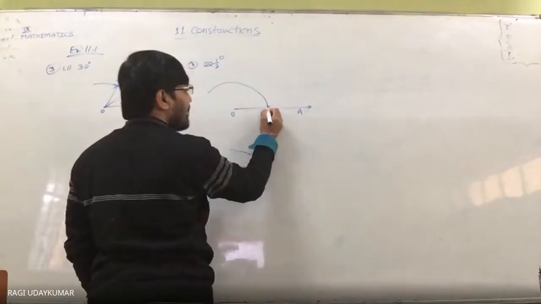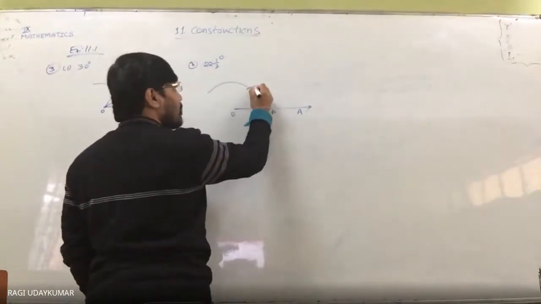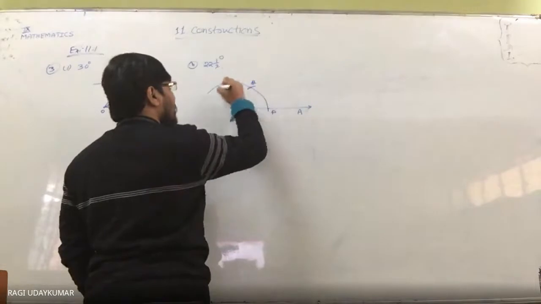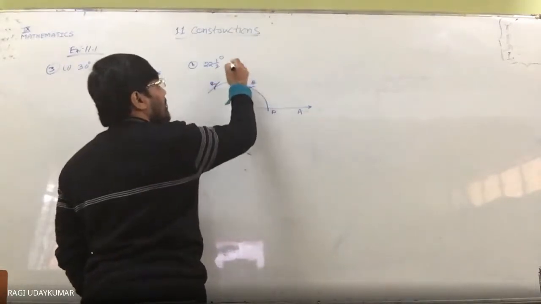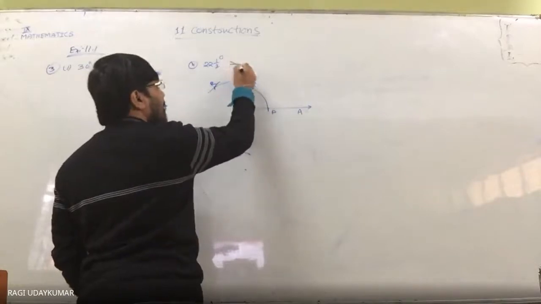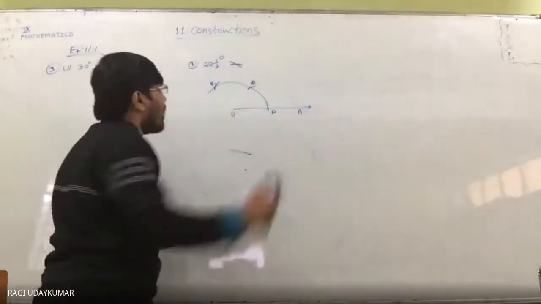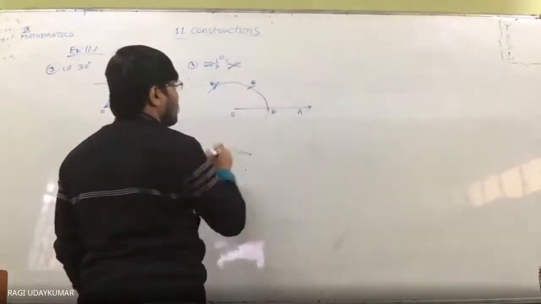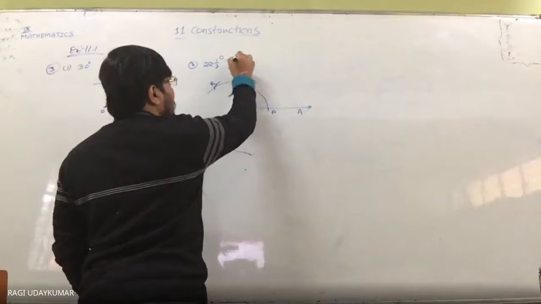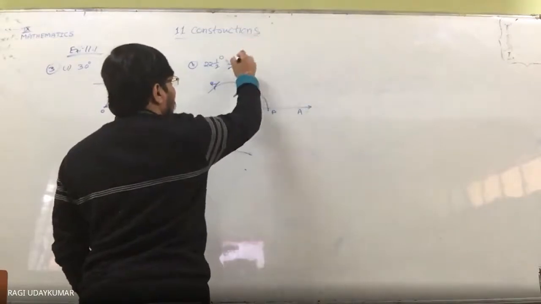P as a center with the same radius, Q as a center with the same radius. Here one arc, here one arc. So these two arcs will be like this, and this point you consider as B.